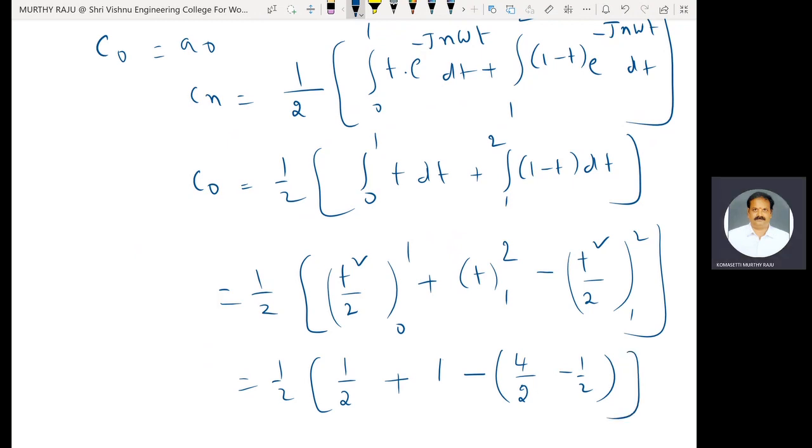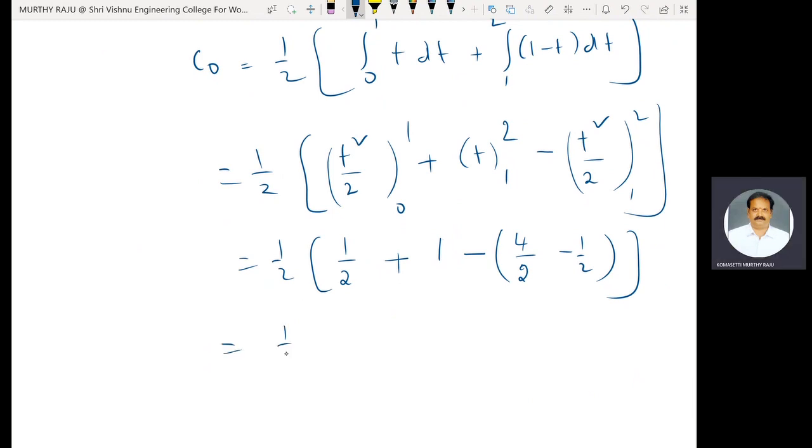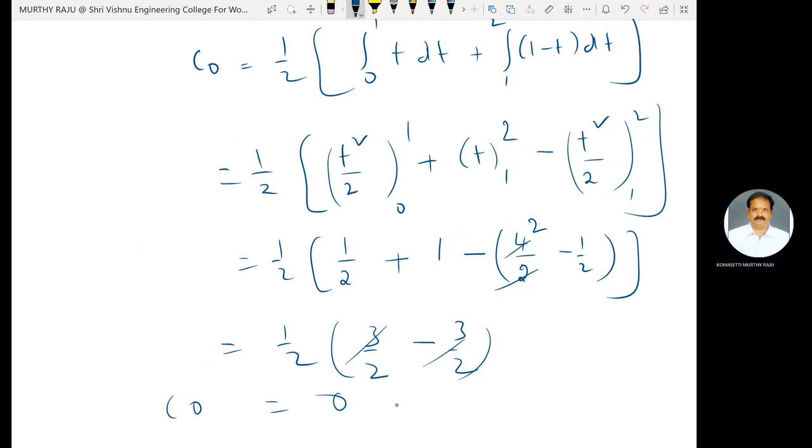That is equal to 1 by 2, this one is 3 by 2 minus, 2 twos are 4, minus 1, that is 3 by 2. The 3 by 2 terms cancel. Therefore, C naught is 0. C naught equal to 0 means a naught is also 0.